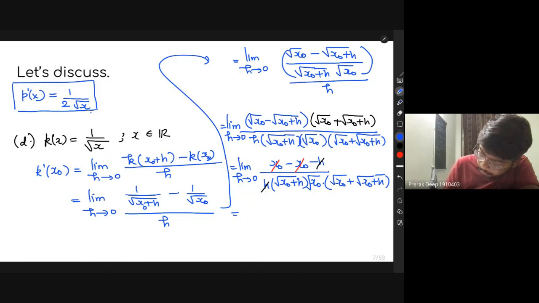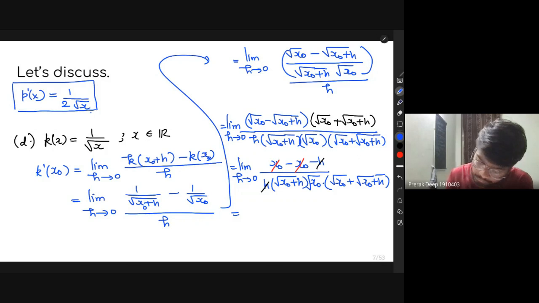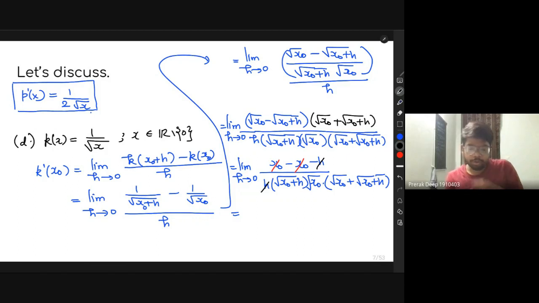So if I calculate the limit of this function in the denominator, I will get, so this function is defined for all non-zero values.